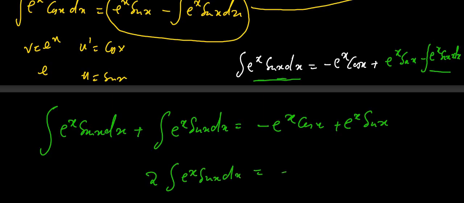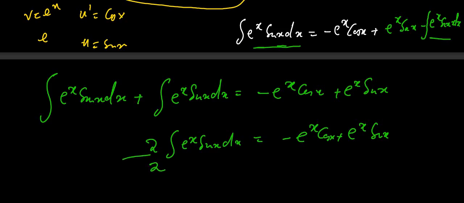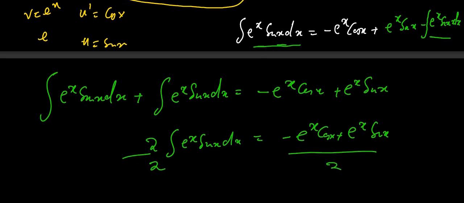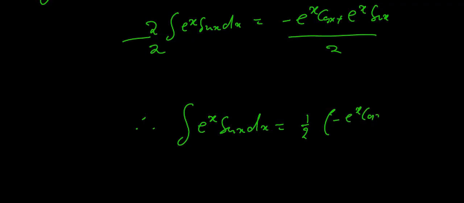This is equal to negative e^x cos x plus e^x sine x. We divide both sides by the 2. So the final expression is that the integral of e^x sine x dx is the same as 1 over 2 times negative e^x cos x plus e^x sine x, then plus a c.